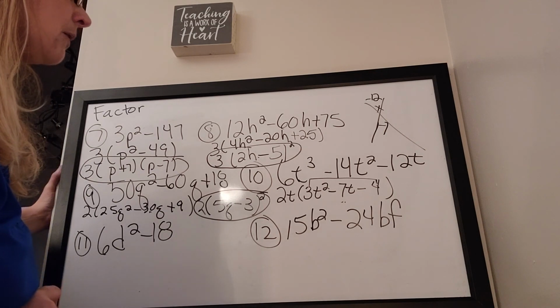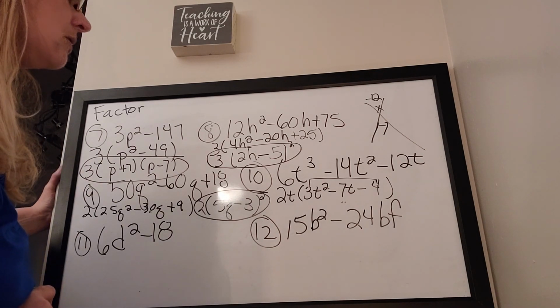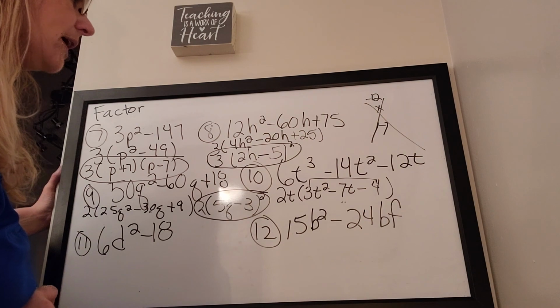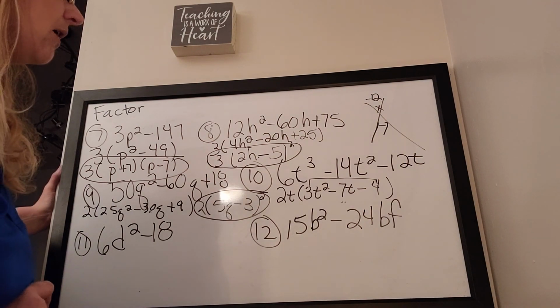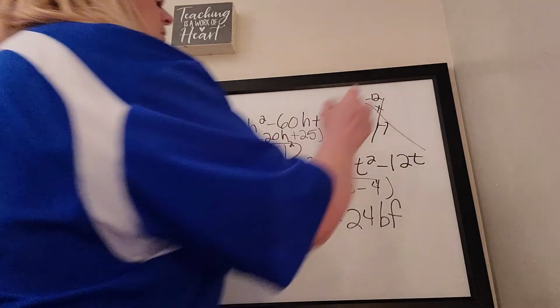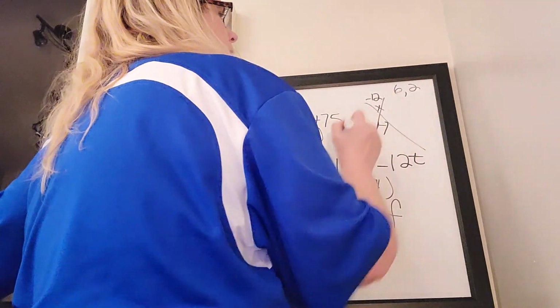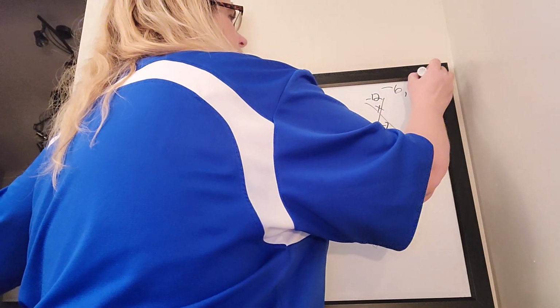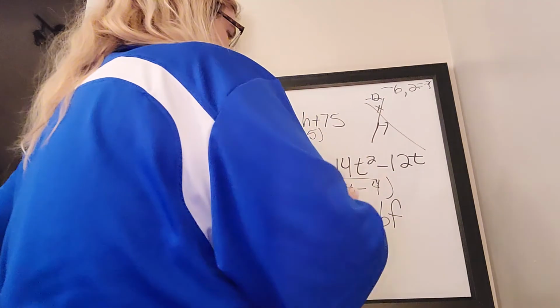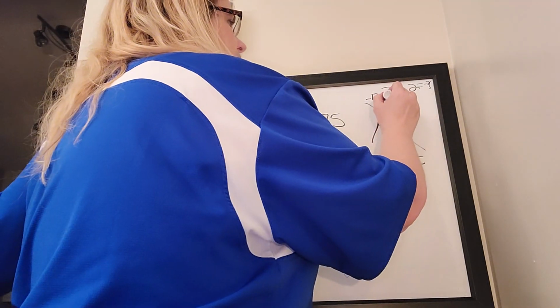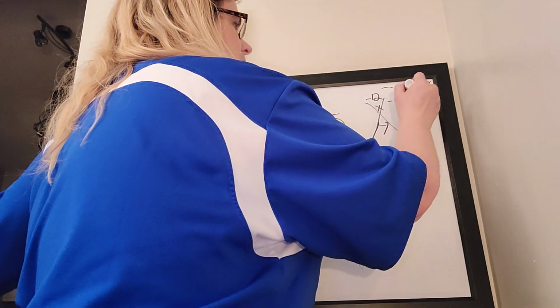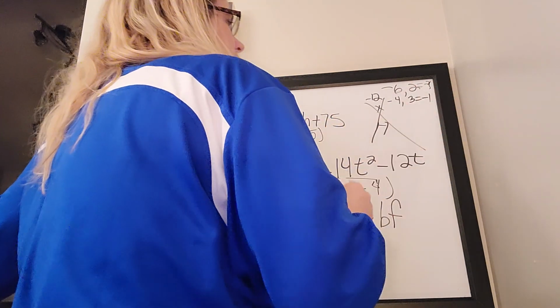Negative 12, we have 6 and 2. That would be negative 4. We need negative 7. 4 and 3, that would be negative 1.